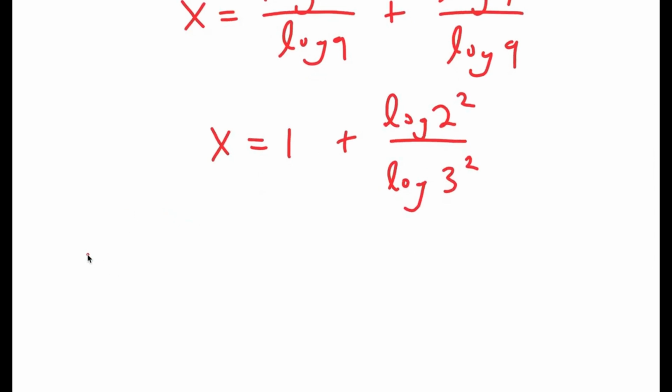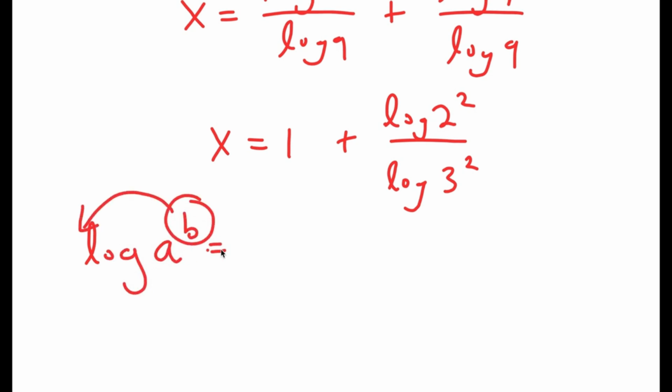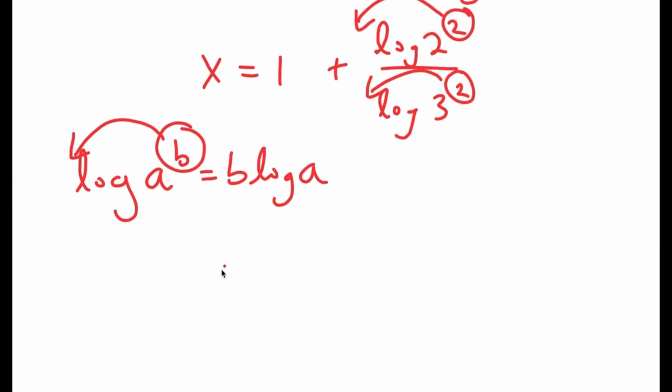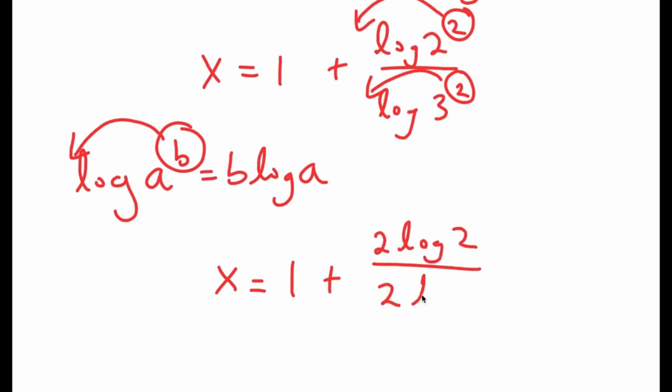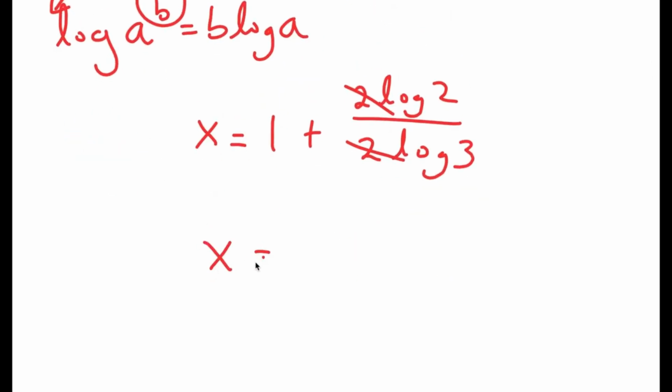And if I have something in the form log of a to the power of b, I can move this exponent b to the front, so this turns into b times log a. In this case, I can move 2 to the front over here, 2 to the front over here, so I get x is equal to 1 plus 2 times log 2 over 2 times log 3. From here, I can cancel out these two 2's, so I get x equals 1 plus log 2 over log 3.